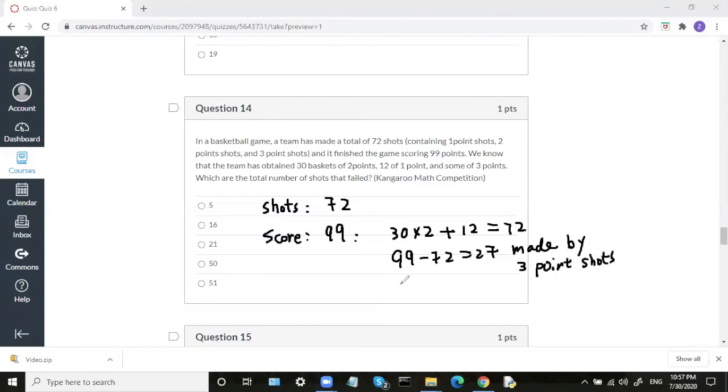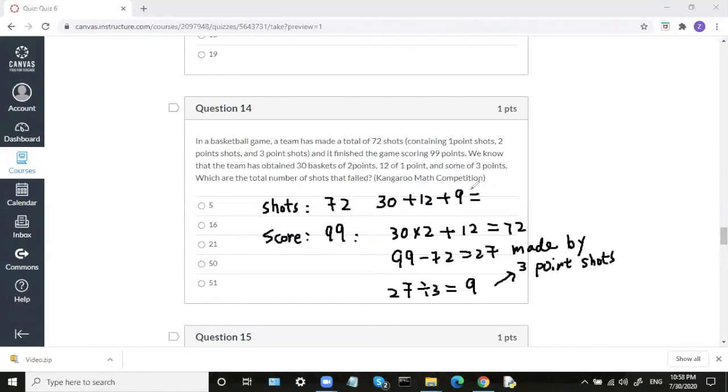How many 3-point shots then? 27 divided by 3 equals 9. So 9 3-point shots. Among these, 30 are 2-point, plus 12 are 1-point, plus 9 are 3-point.